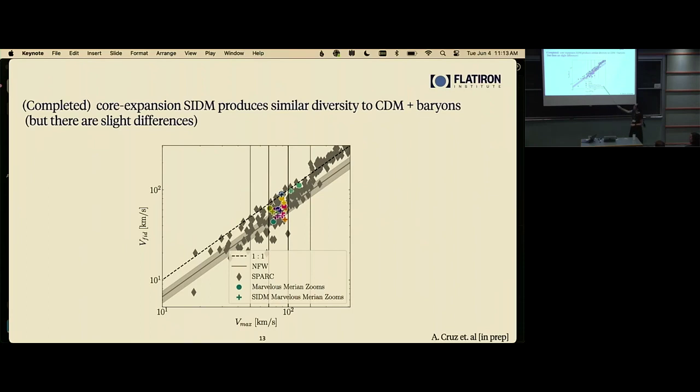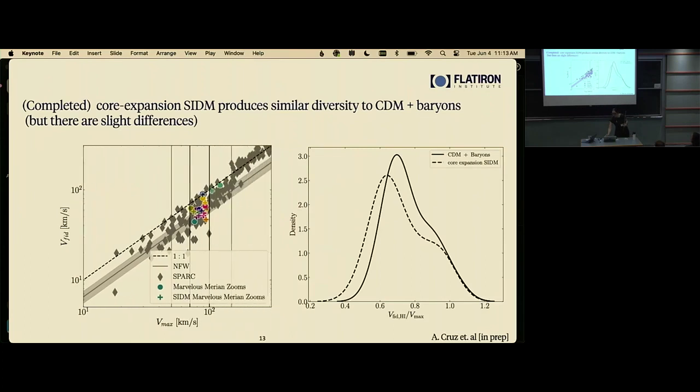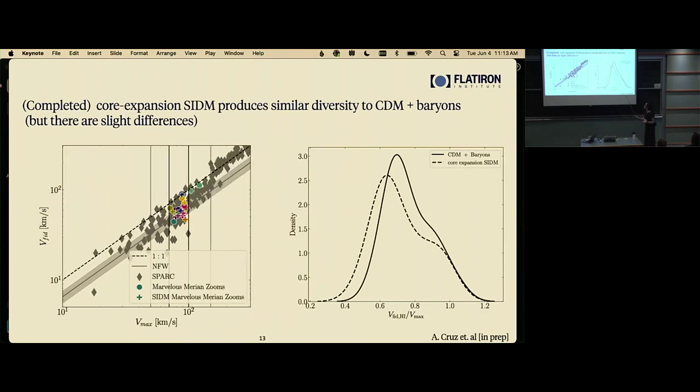And so we're seeing a similar amount of diversity, but if you look at the actual distribution, so this is very preliminary, if you look at a kernel density estimate, the core expansion SIDM does shift in VFID by Vmax to lower VFID by Vmax slightly. So they are producing similar diversity, but there are some slight differences that we're still exploring.